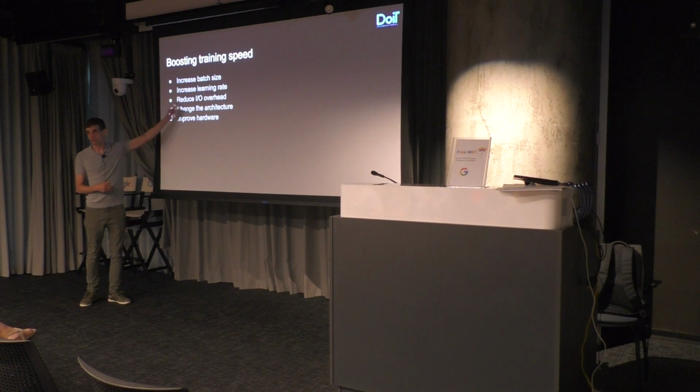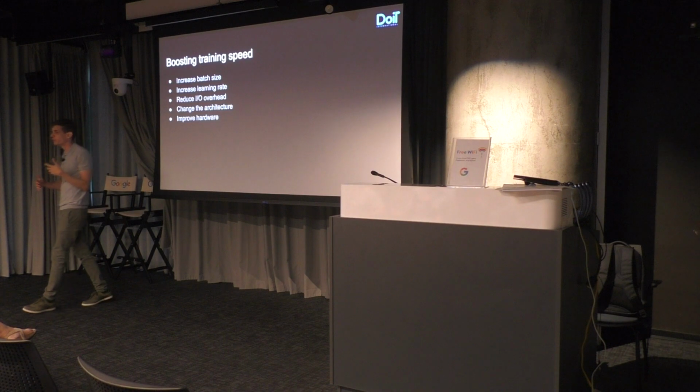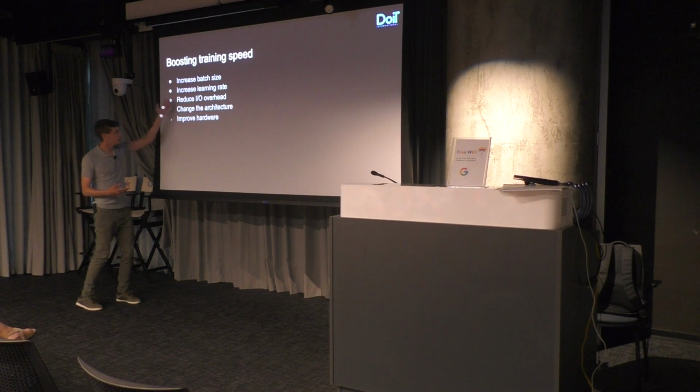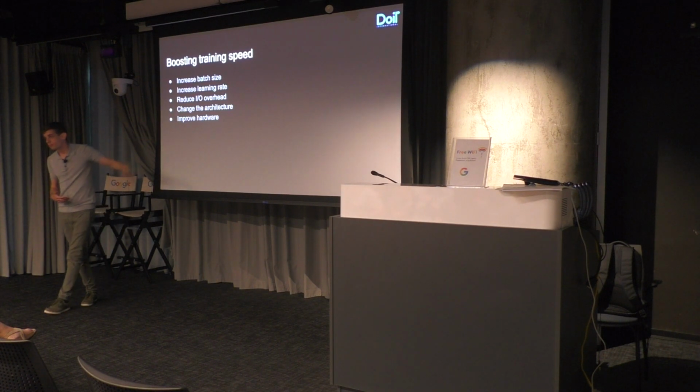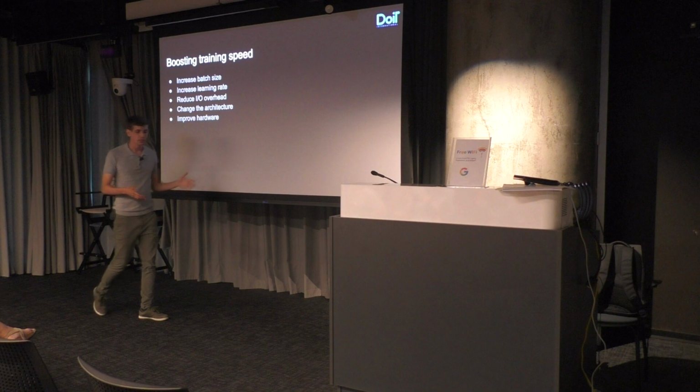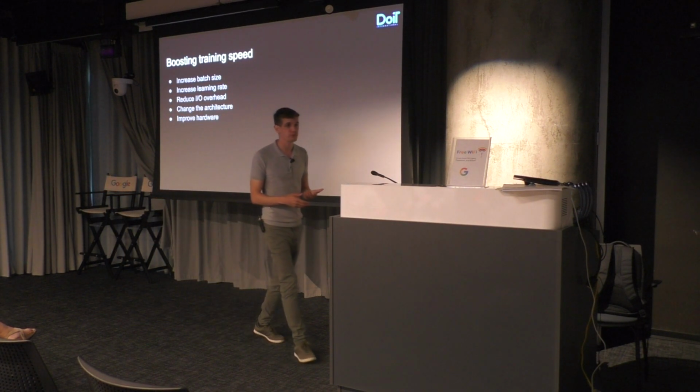So that would not work for GAN training. We could reduce the I/O overhead, for example overhead from reading from the disk or network. We could also change the architecture: lose unnecessary weights, lose unnecessary layers, or reduce the size of the layers.